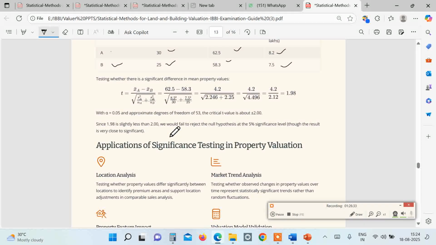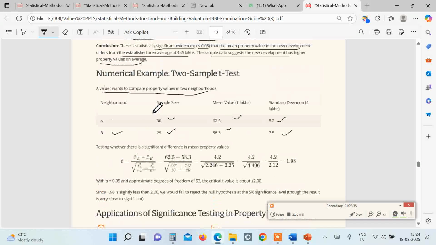The formula for the two sample t-test is x A bar minus x B bar divided by the square root of s square A divided by nA plus s square B divided by nB. You put in all the values, 62.5, 58.3, 8.2 square divided by 30, 7.3 square divided by 25, and the value comes out to be 1.98.